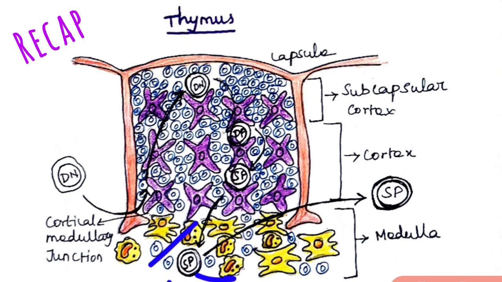The cells which can't recognize the self antigen leave the medulla through the corticomedullary junction. These cells are known as mature T cells. They express only CD4 or CD8 glycoprotein, then enter the peripheral lymphoid organs where they encounter the antigen.